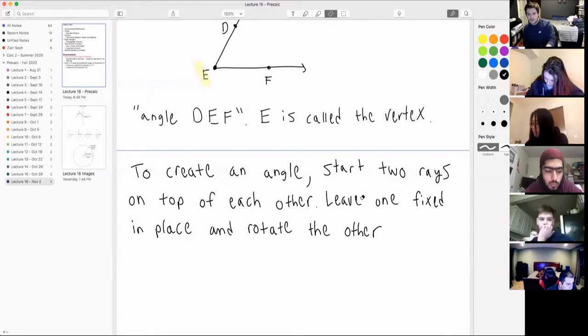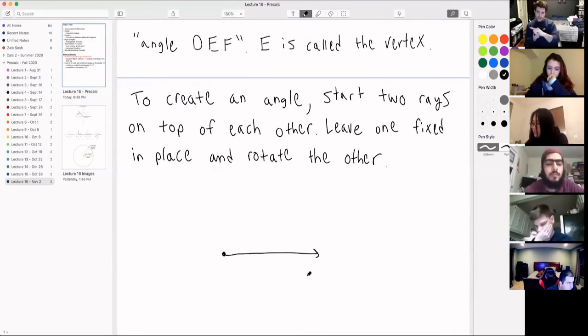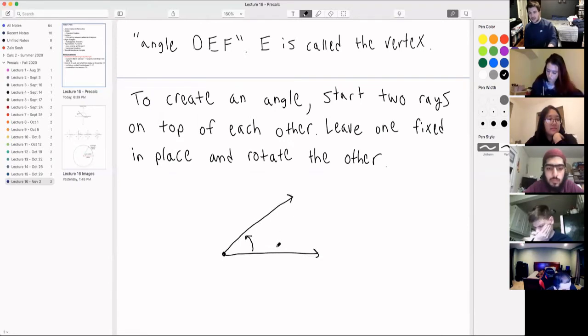Let me draw a picture of what that looks like. Basically you start with two rays on top of each other. So this ray here, look at this as two rays on top of each other. And then I'm going to take one of those two rays and rotate it out here. And now I have both of these rays. And this is how you create an angle.